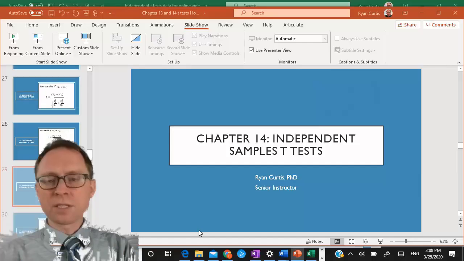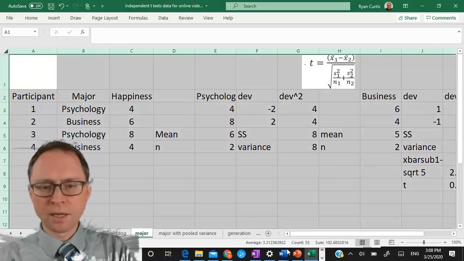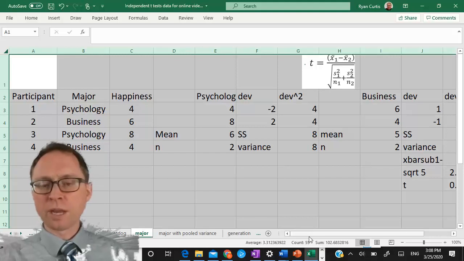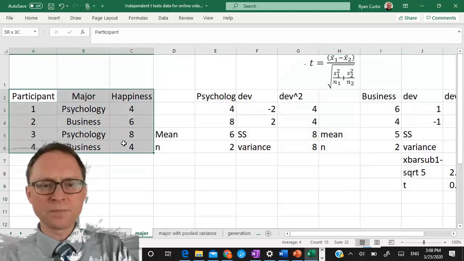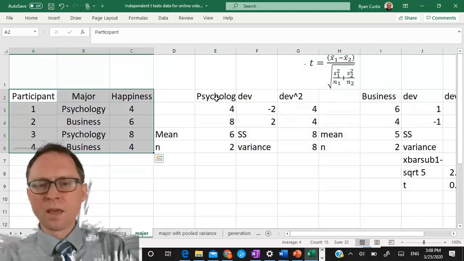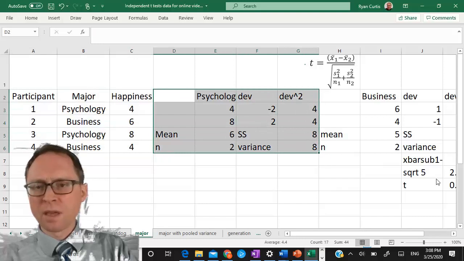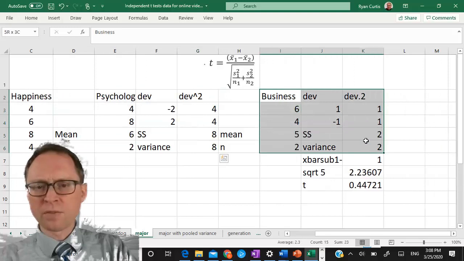All right, to do this, let's go ahead and look at how to calculate these data. Here is the data from the original time that we looked at this. You remember? Here's the original data right here. And then we separated it. This is all for psychology. And then we'll move this over a little bit. This is all for business majors. So that's when we separated it out.